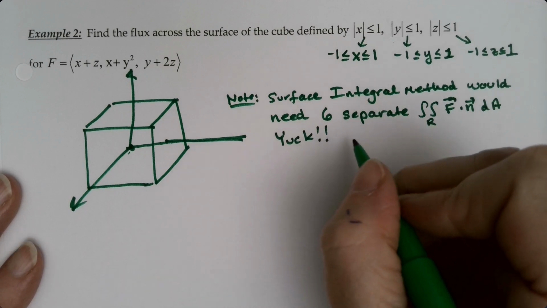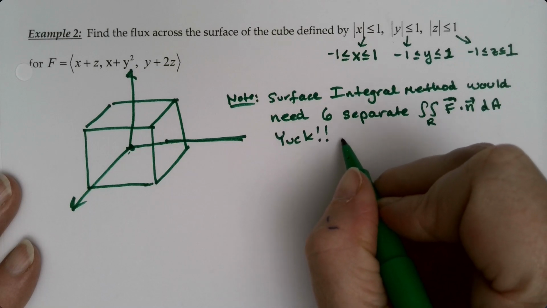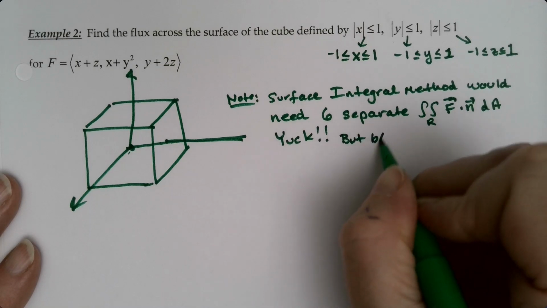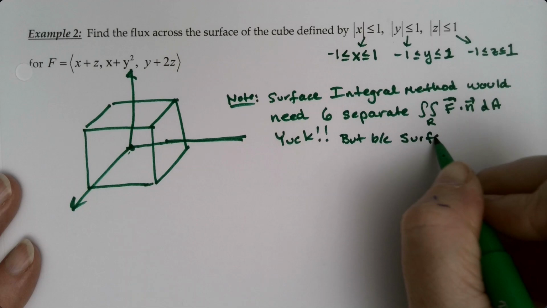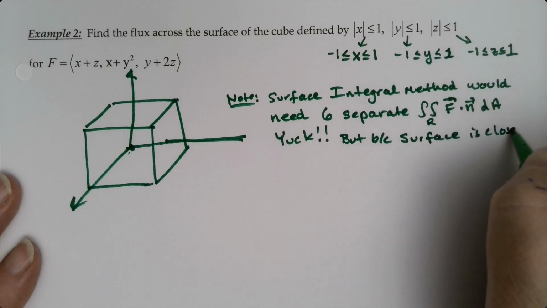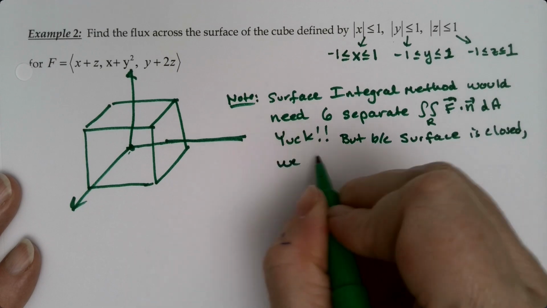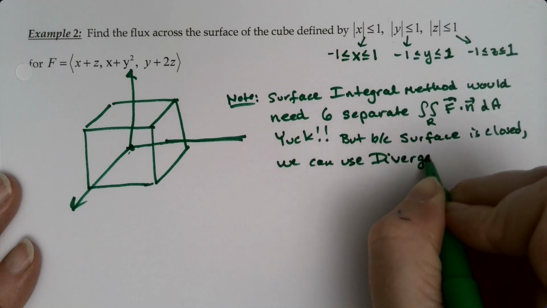So we will use the divergence theorem. And we can use it because it's a closed surface. Right? Because the surface is closed, we can use the divergence theorem. And that's what we will do.